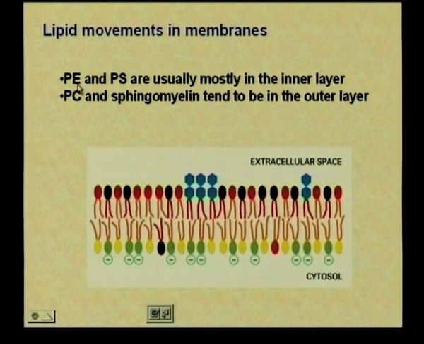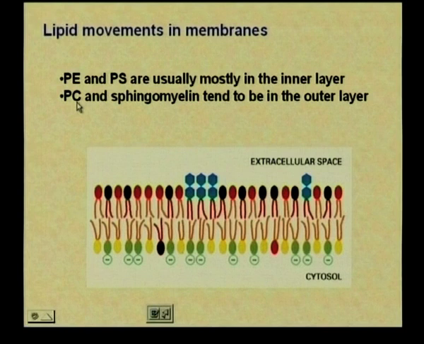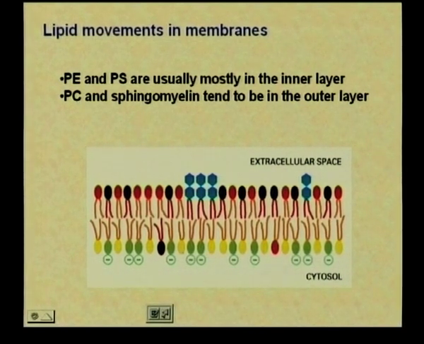So, the ethanolamine type and the serine type are preferred in the inner layer, and in the outer layer we have the sphingomyelin and the choline type, the phosphatidyl choline. Okay? So, we have more of the phosphatidyl choline and the sphingomyelin on the outside and more of the phosphatidyl ethanolamine and the serine on the inside.